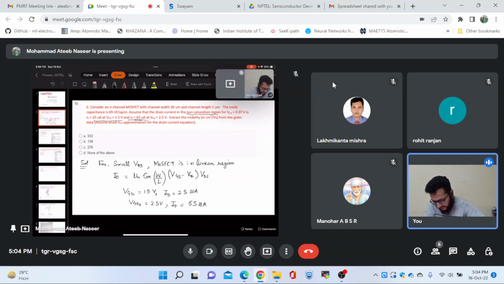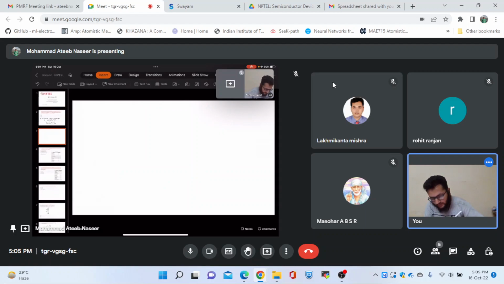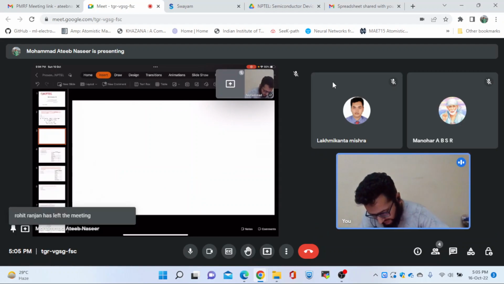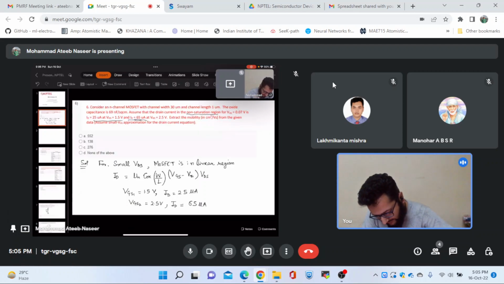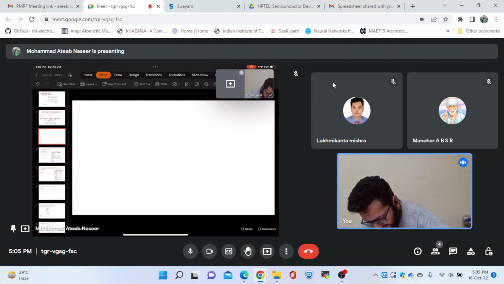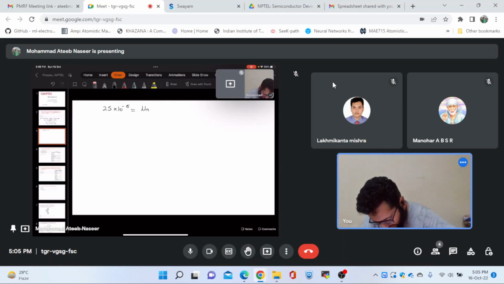Now let us try to extract the mobility for these MOSFETs. For the first one we had been given ID equal to 25 microamperes. So let me write it down. 25 microamperes is the current, and mu n is the mobility.